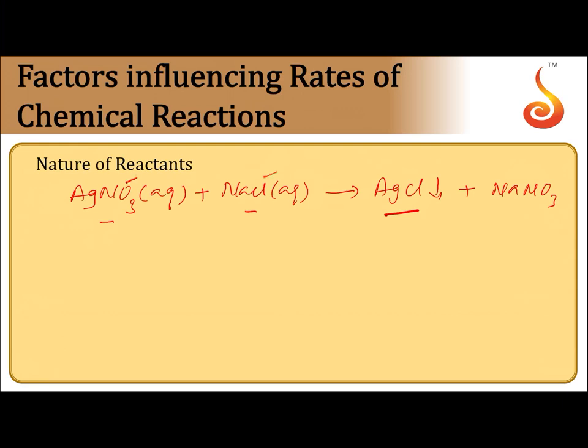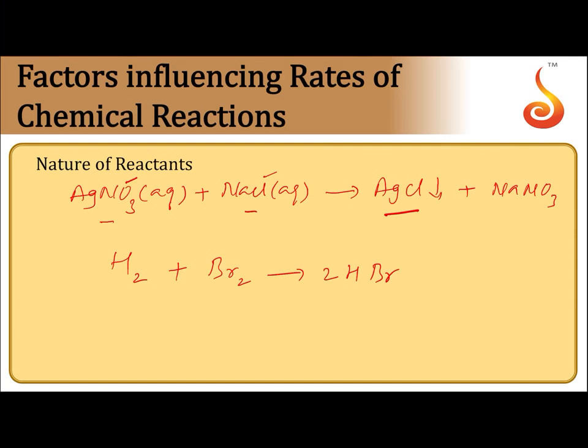Now, in the case of covalent molecules, during the reaction, bonds have to break and new bonds have to form. This takes some time. Therefore, covalent reactions are slow. For example, take the reaction between H2 and Br2, giving rise to HBr.